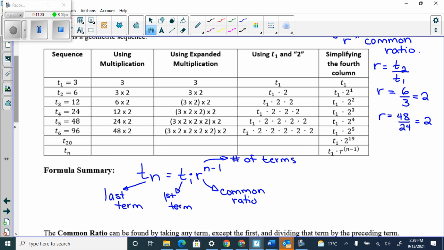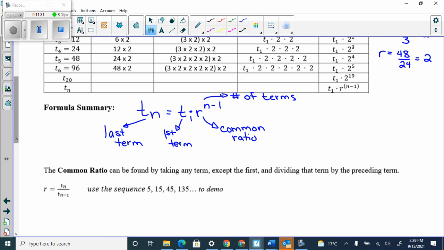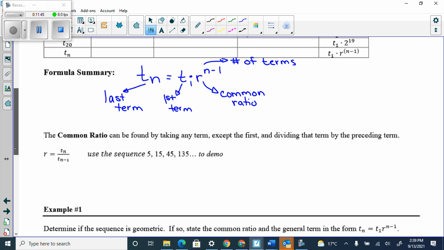And then down here it says it again. The common ratio can be found by taking any term except the first and dividing the term by the previous term. So you can take the first term, but you need to take the second term divided by it, right? The only one you can't use is the first because there's no term before it. So if I go to do this one, r is going to be what divided by what?